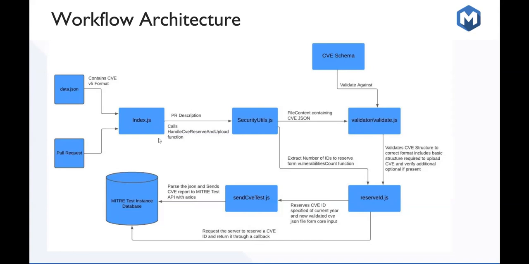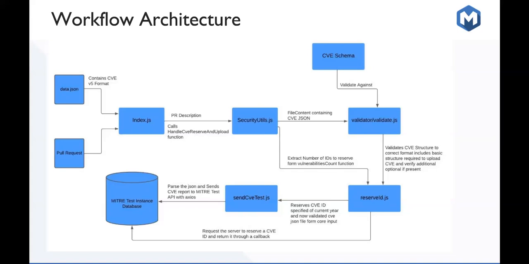First, the index.js file extracts the PR description and calls a function, handleCVEReserveAndUpload, inside the security utils, which is going to send the CVE to the validator that we have made, with its schema in compliance with the CVE services JSON 5 for CNA containers.